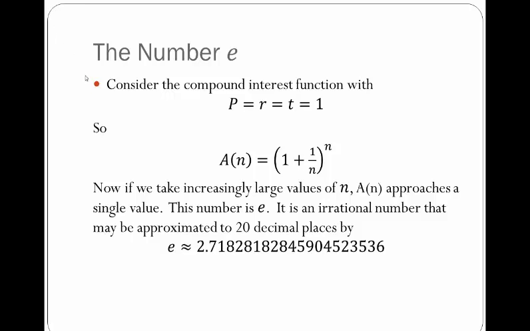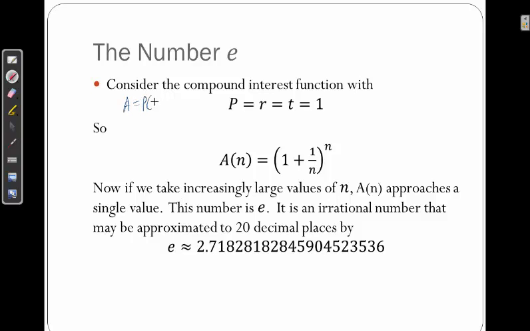And to figure out how we find e, we look at the compound interest function, which, if you'll remember, is A equals P times (1 plus r over n) to the nt. Well, if I set P and r and t all to be 1, I will get A equals (1 plus 1 over n) to the n, as we have here.